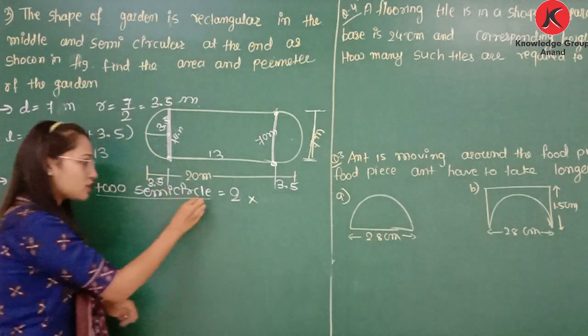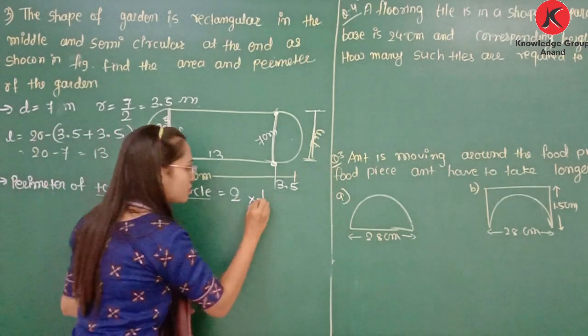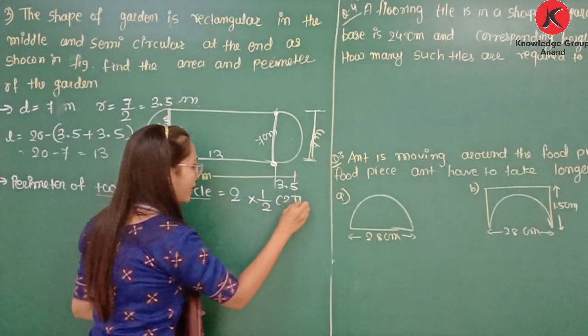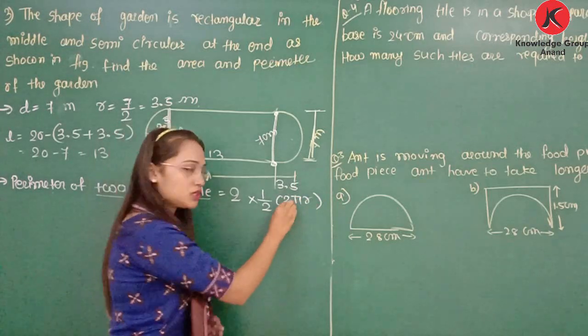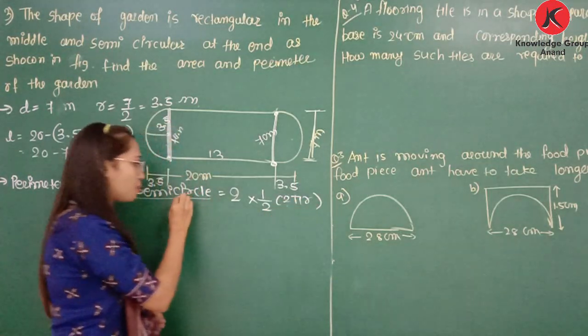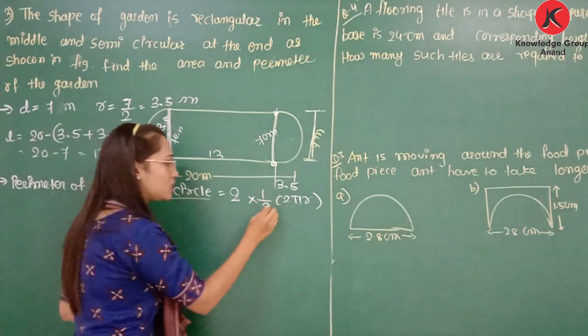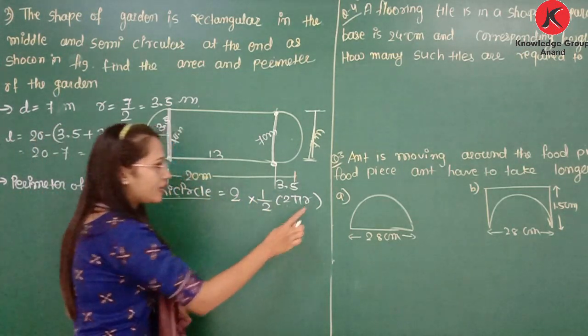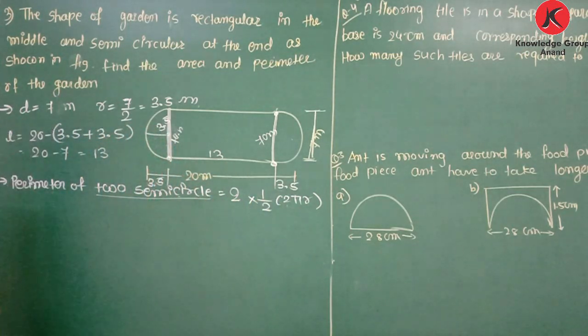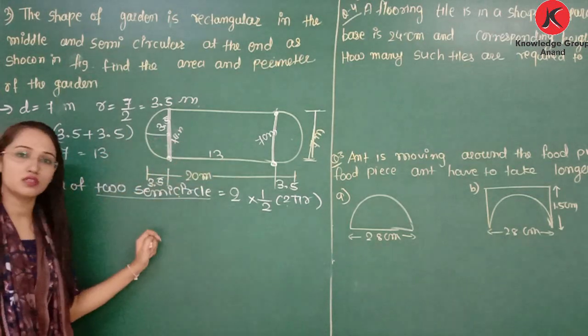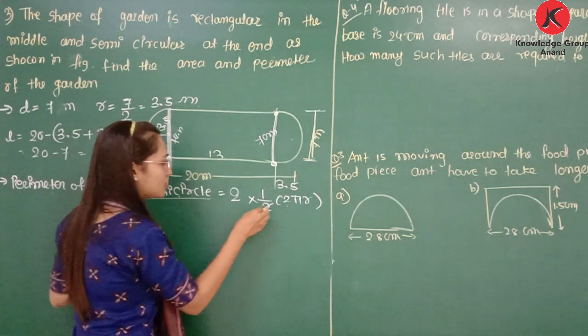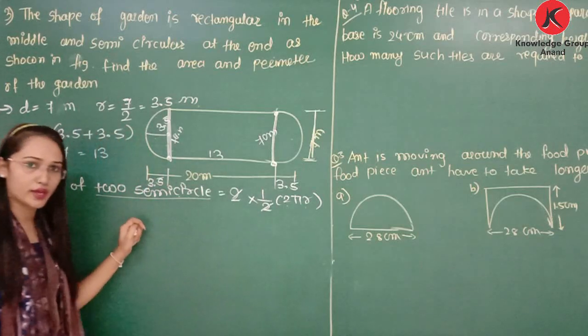Now what is the equation for a semicircle? So that is 1 by 2, 2 pi r. This is the perimeter of the whole circle. We need to find the perimeter of the semicircle. That's why it is 1 by 2. Here you can directly write 2 pi r. Why? Because two semicircles means it is a whole circle, or you can write like this. 2 cancels, so it is nothing but 2 pi r.